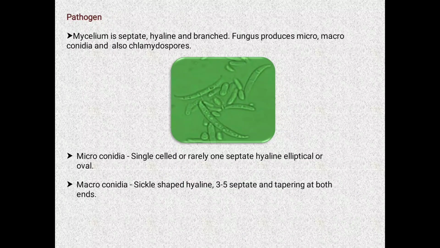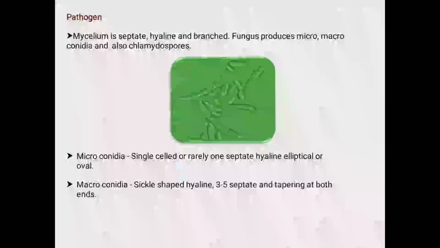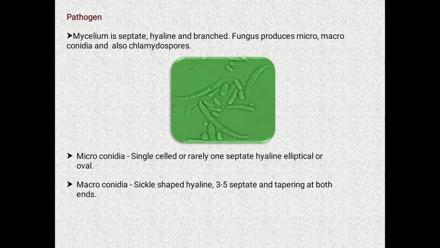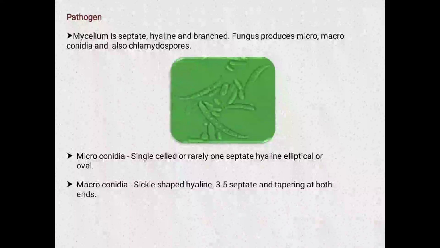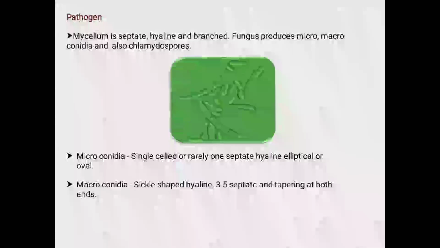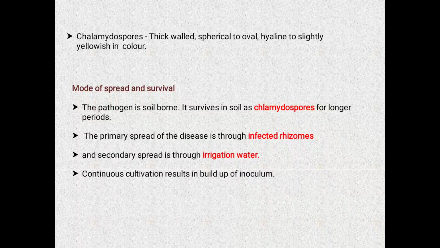Whereas the macroconidia are sickle-shaped, hyaline, 3 to 5 septate and tapering at both ends. You can see in this image both macro and micro conidia. The tapering ends means both ends of the conidia are pointed. Chlamydospores are thick-walled, spherical to oval, hyaline to slightly yellowish in color.